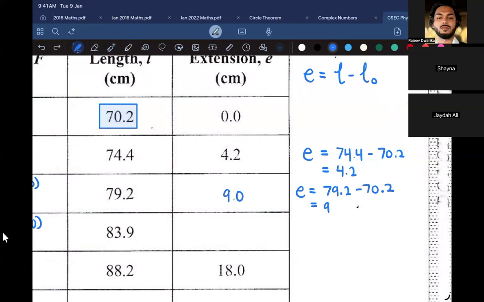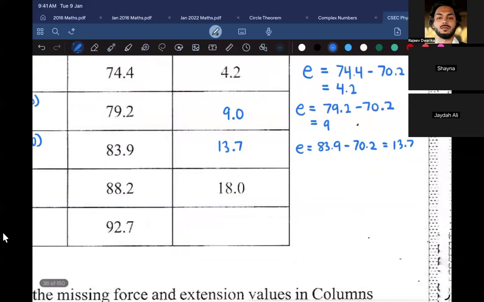For the 83.9, we're going to say 83.9 minus 70.2. What would you get? 13.7, right? Okay, last one. That's going to be 92.7 minus 70.2.